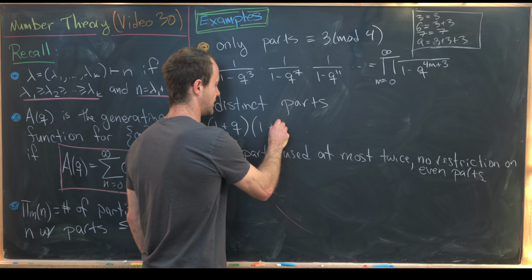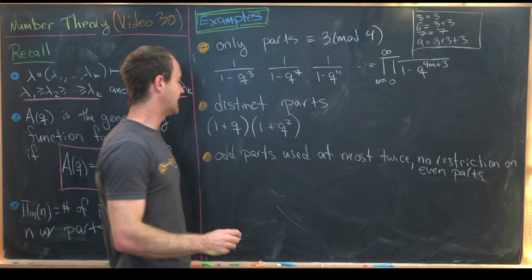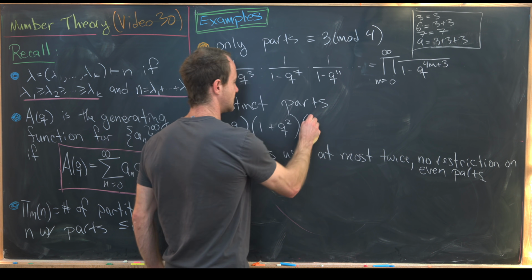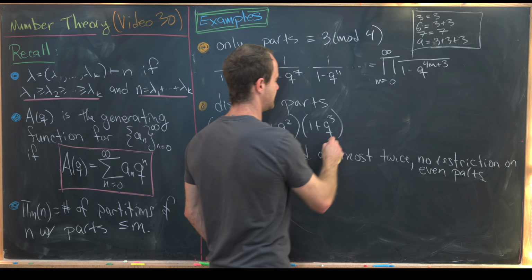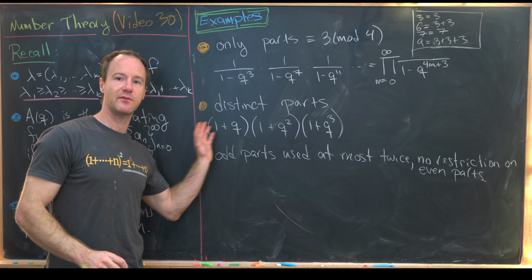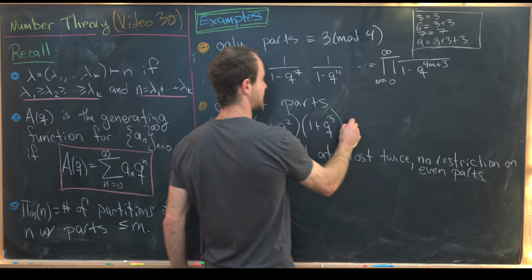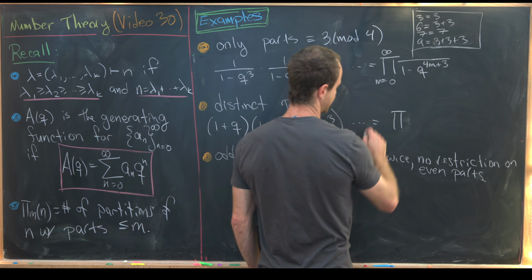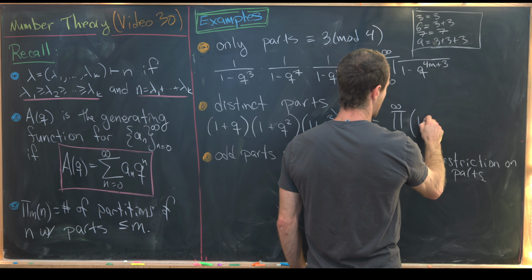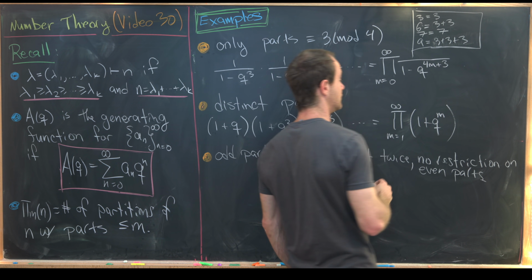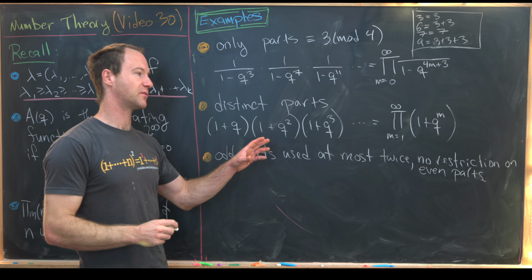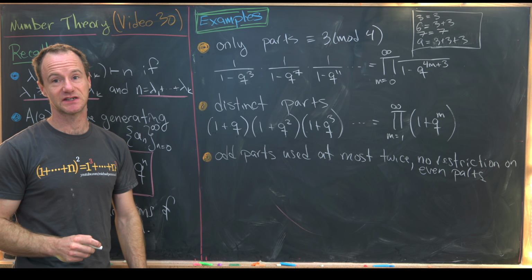Multiply that by 1 plus q squared. That would represent using 2 1 time or 0 times. 1 plus q cubed would represent using 3 0 times or 1 time, and so on and so forth. So this is going to be an infinite product. We could write this as the product as m goes from 1 up to infinity of 1 plus q to the m. So that's another important generating function, for partitions into distinct parts.